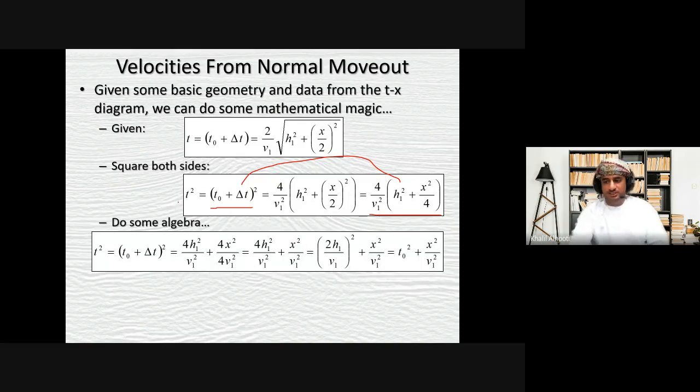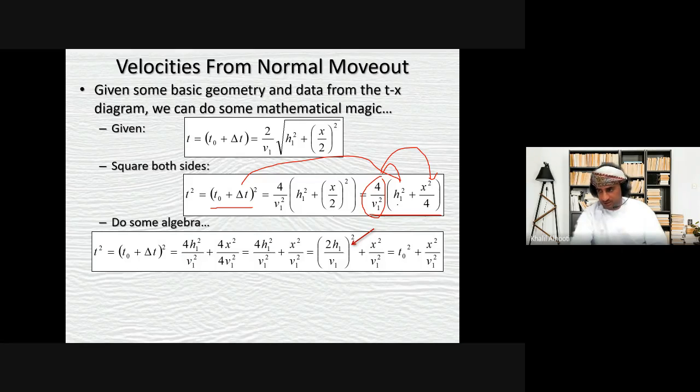Let's do some algebra. What's my algebra? I multiply all of them together. So here, this goes here. This goes here and goes here. This is simple algebra. Am I right?